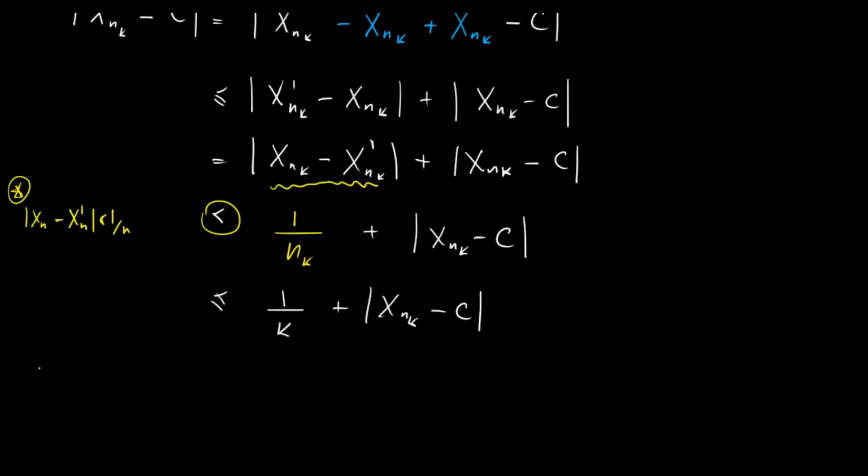So now what we're gonna do is give it a number, let's say rho greater than 0. We're going to let k1 be a natural number such that 1 over k1 is smaller than rho over 2.